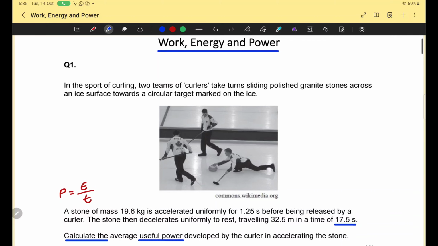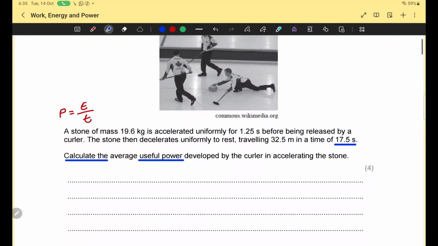In the sport of curling, two teams of curlers take turns sliding, pushing. The first paragraph is not needed. Now, a stone of mass, you are given mass, it is accelerated uniformly for 1.25 seconds. So we are given two times. I do not know which time I will use to calculate power.